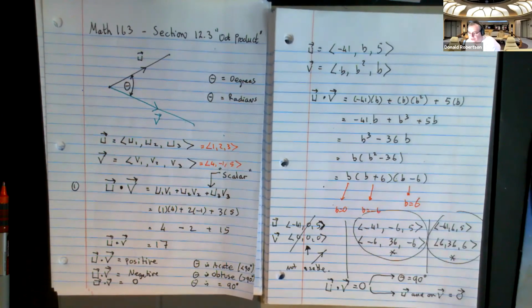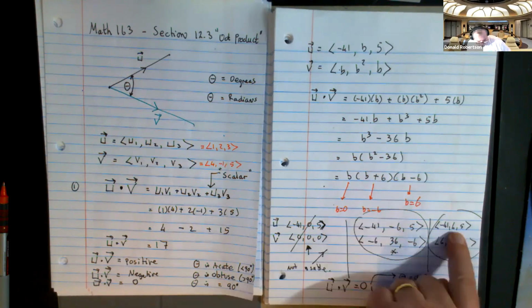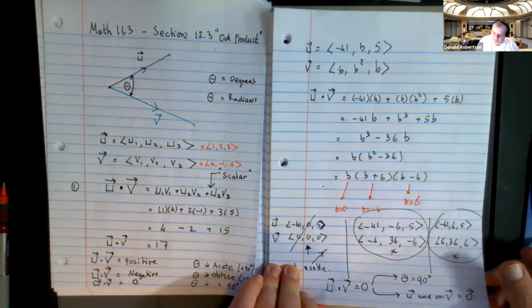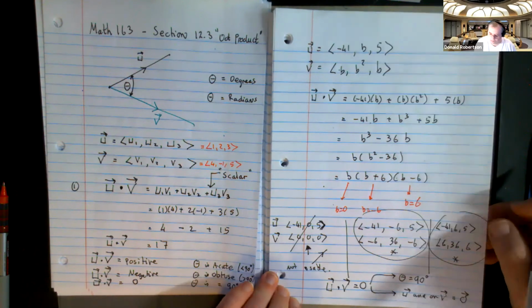So if the question was, for what values of B do you end up with 2 vectors that are 90 degrees, at right angles, these 2 would be the ones that work. It's kind of an interesting little puzzle.